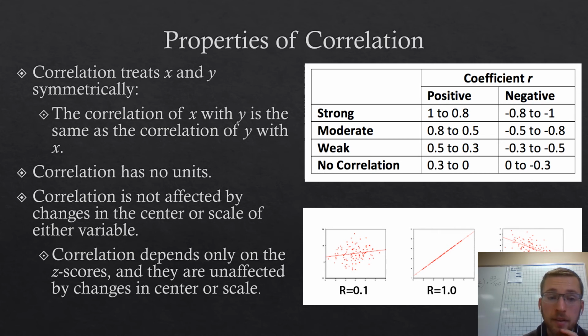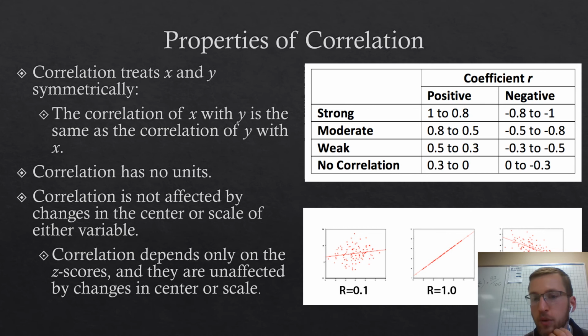Correlation is not affected by changes in the center or scale of either variable. So if we change our x-axis, which was in pounds, into kilograms, that would not affect our R value. And correlation depends only on the z-scores, if you look back at that formula, which you don't need to know much about. And they're unaffected by changes in center or scale, okay?